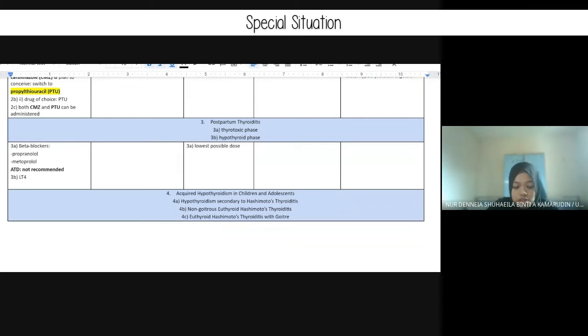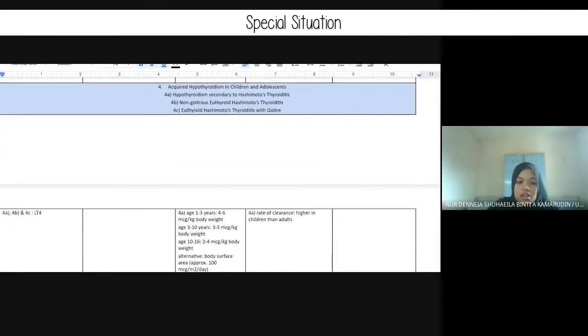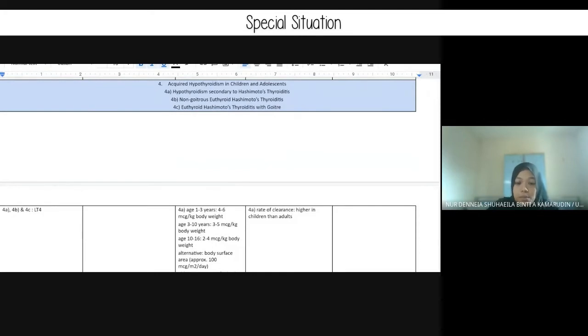So next special situation is acquired hypothyroidism in children and adolescents. So the drug treatment for hypothyroidism secondary to Hashimoto's thyroiditis, non-goitrous euthyroid Hashimoto's thyroiditis, and euthyroid Hashimoto thyroiditis with goiter, all these conditions we treat with the same drug, which is levothyroxine LT4.